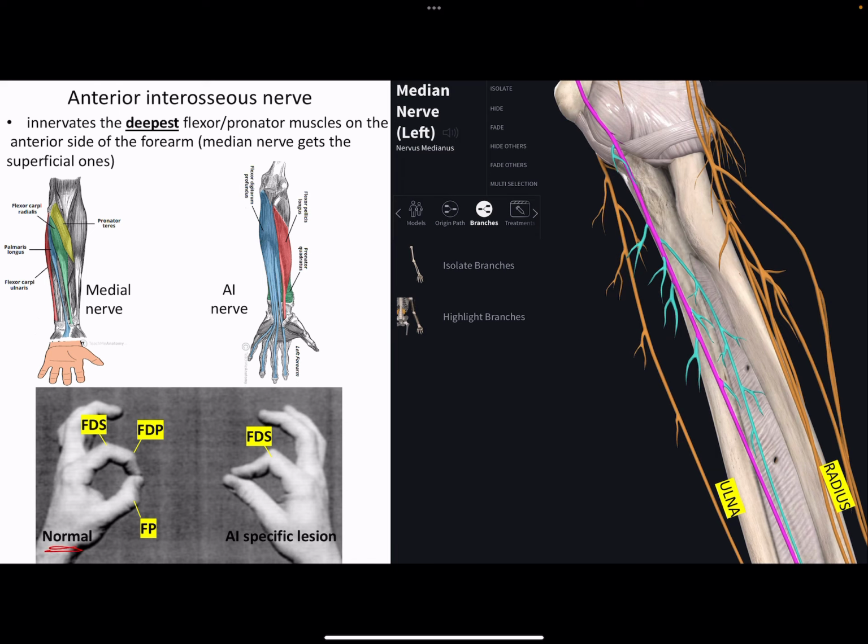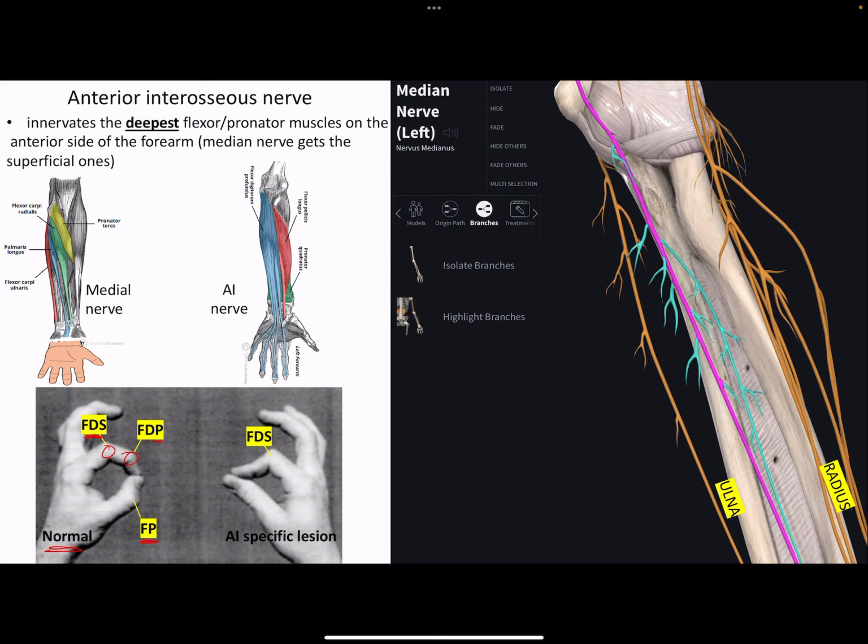So here's a normal person who's been told to pinch their fingers together in this very specific way. Notice that we have the flexor pollicis here and the flexor digitorum superficialis and profundus. This is getting the proximal interphalangeal joint. That's getting the distal interphalangeal joint.